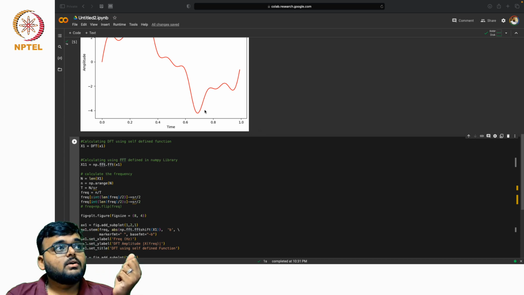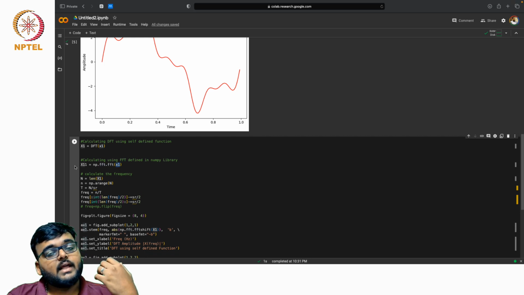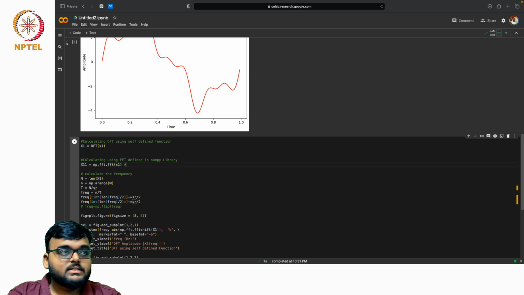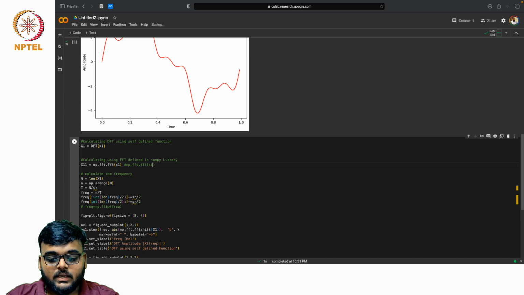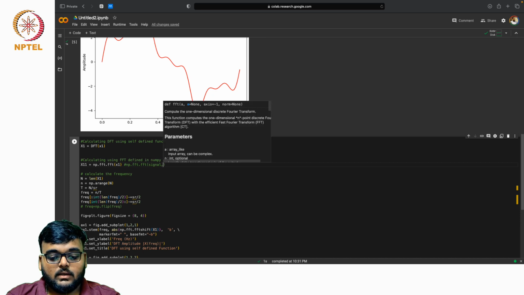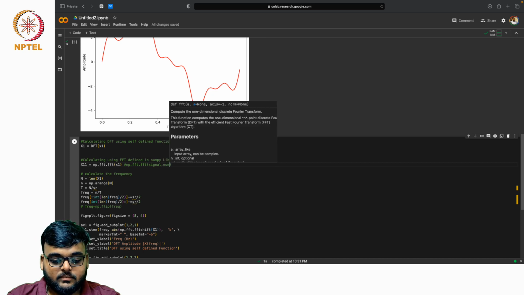So you can understand it like this. Inside it you can give your signal and it will calculate the FFT of it. Now the general format of this function is np.fft.fft of signal, comma, number of points.